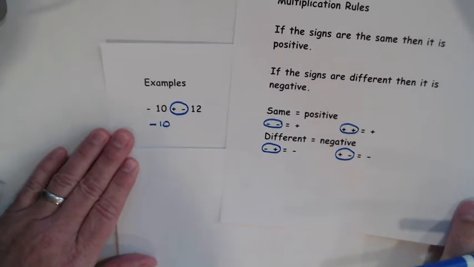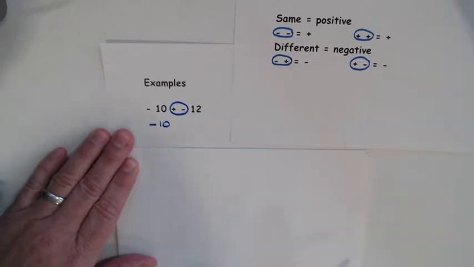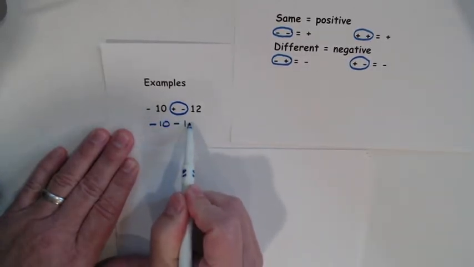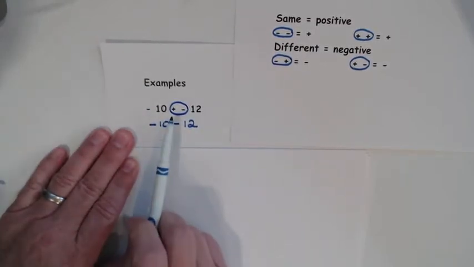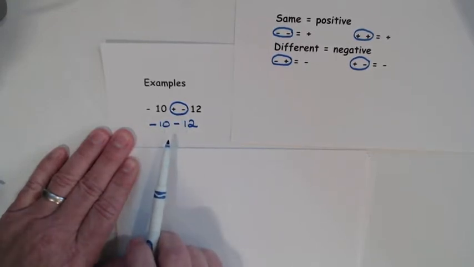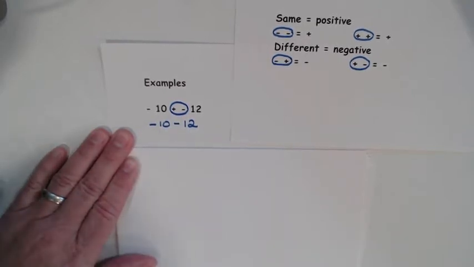If the signs are different, then my answer is going to be negative. Instead of these two signs, I write down one sign. And that's all we're going to go over, is seeing these situations where you see two signs, rewrite the problem where there's only one sign. That way I can clearly tell that that's a -12 there.